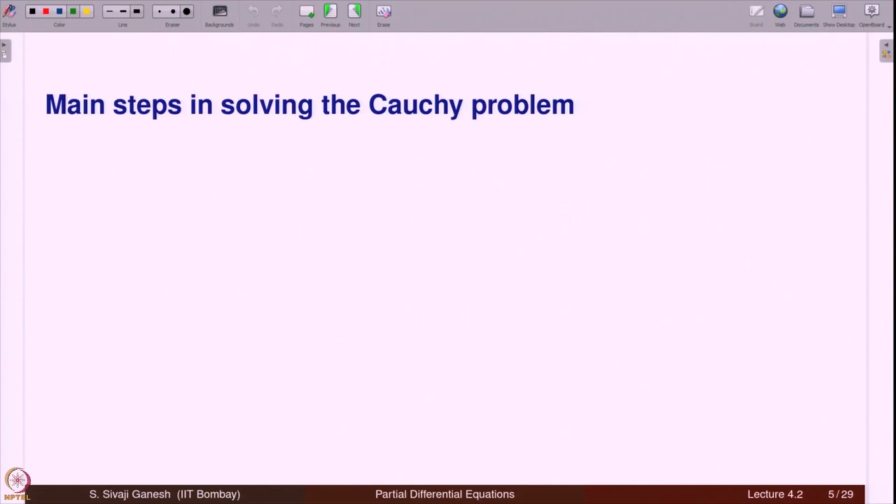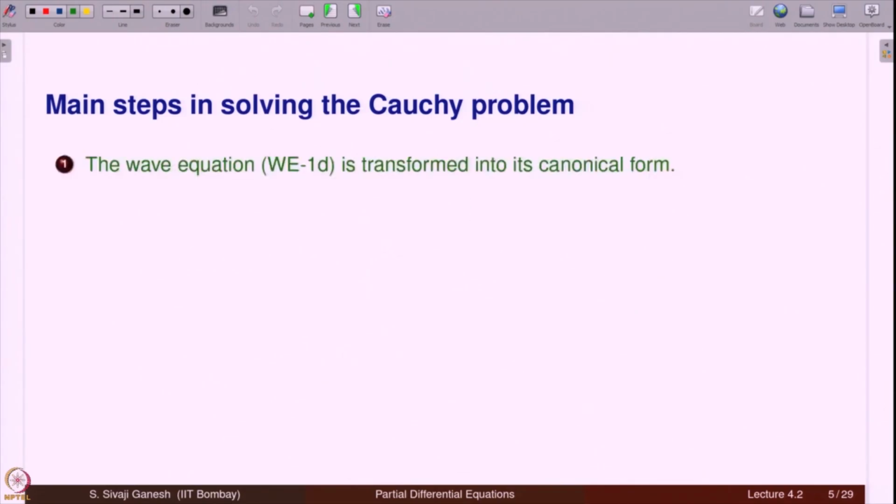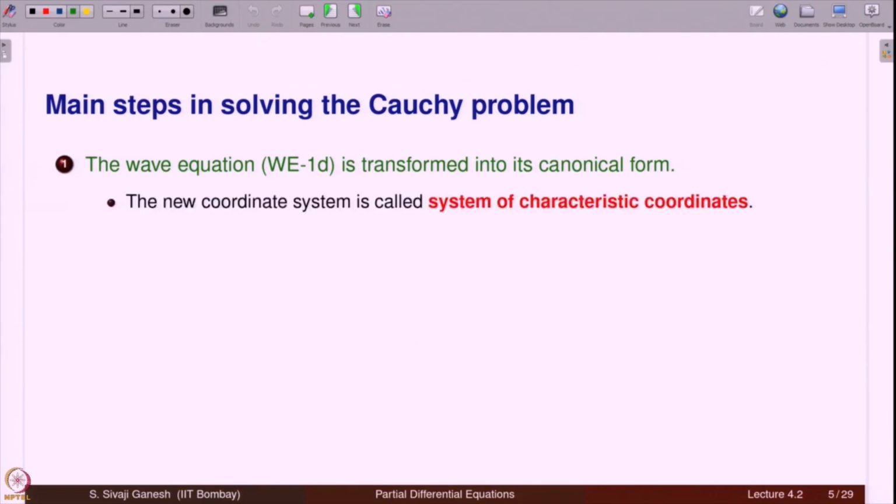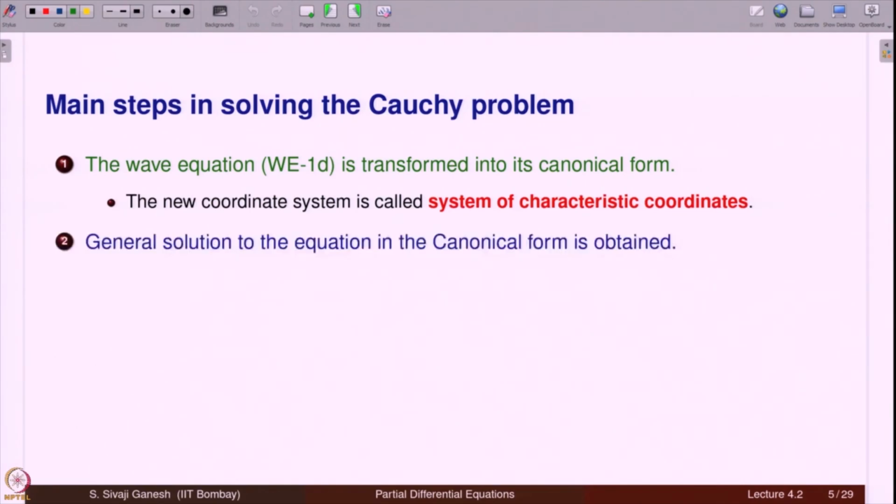So, what are the main steps in solving the Cauchy problem? The wave equation, that is WE 1D, is transformed into its canonical form. The new coordinate system is called the system of characteristic coordinates.